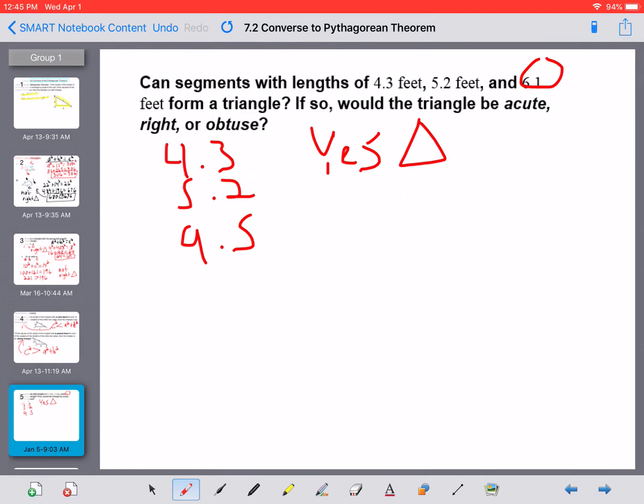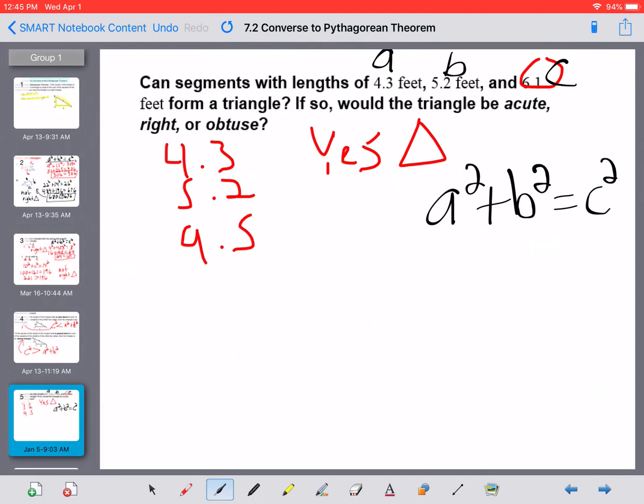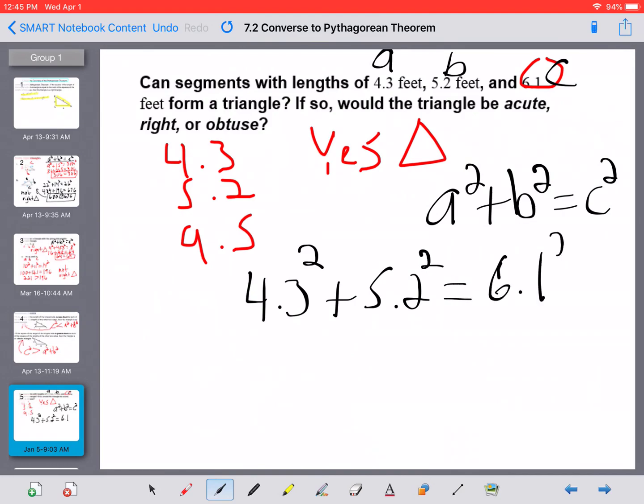To do that, we're going to have to use the converse of the Pythagorean theorem. So, A squared plus B squared equals C squared. We're going to go ahead and plug in our numbers. I'm going to label it. We have A up here, B on this one, and C. We're going to plug these numbers in, and we get 4.3 squared plus 5.2 squared equals 6.1 squared.